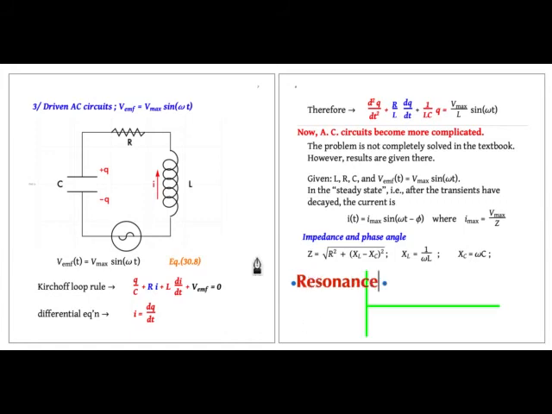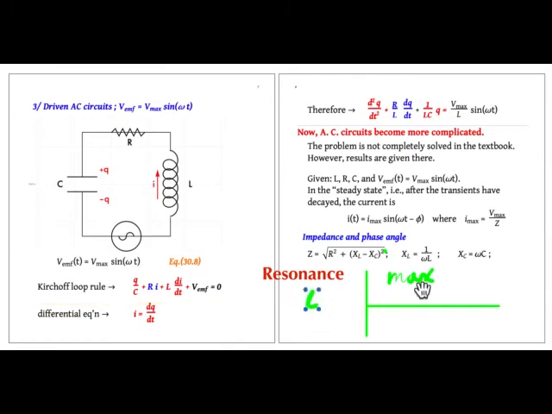There's one other thing to discuss about the driven alternating current circuit, and that's the phenomenon of resonance. Let's suppose I make a graph of the current at the maximum amplitude of the alternating current.